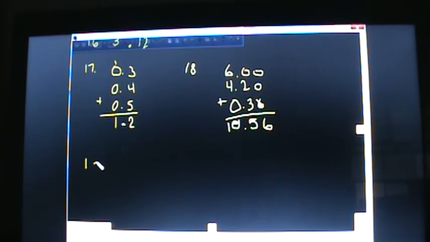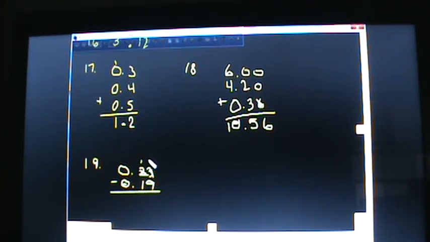Number 19. 0.23 minus 0.19. Okay, I cannot subtract 9 from 3, so I'll have to borrow from the 2, make that a 1.